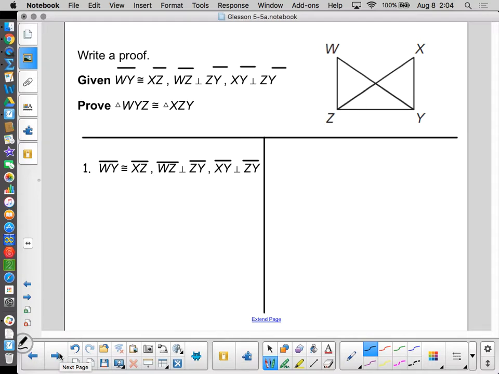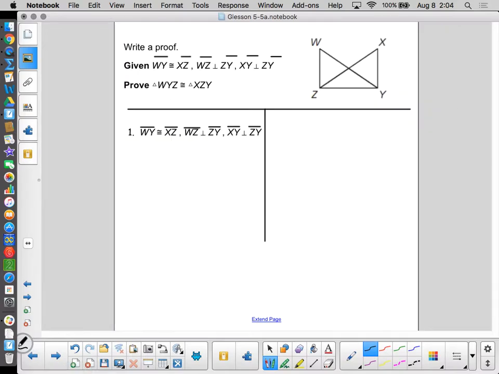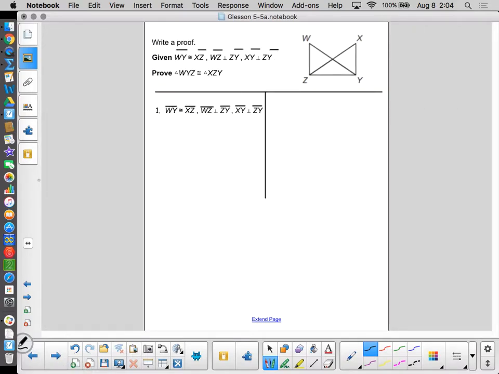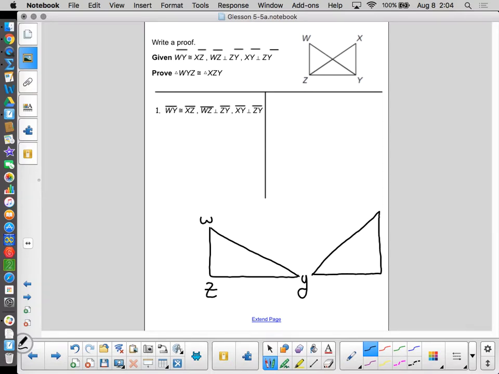Because these triangles overlap. What kind of strategy could I employ in a circumstance like this, when the triangles overlap? Well, I could separate them. W, Y, Z, and Z, Y, X. So I could kind of pull them apart just so it's easier to see what's going on.